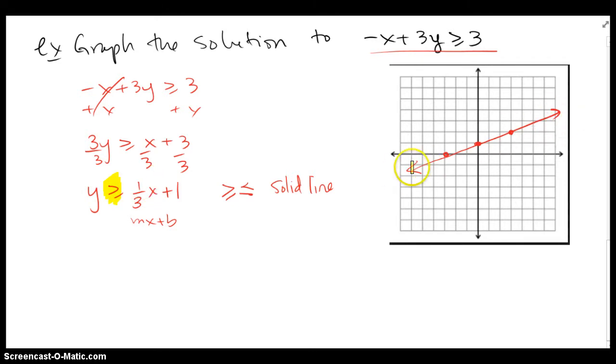So here's my line, that's the border, and I'm going to stand right here. I like standing on the y-intercept usually for these. For y to be bigger, I must go up and include all ordered pairs above the line. So the solution is everything above the line, including this border because it's a solid line.